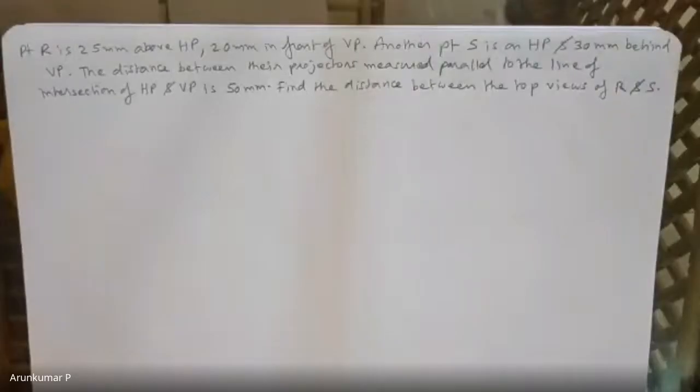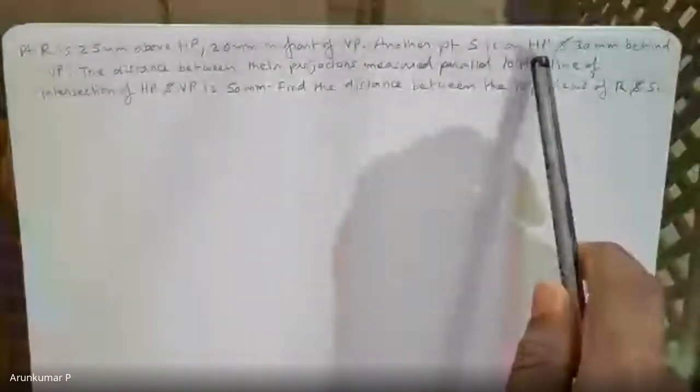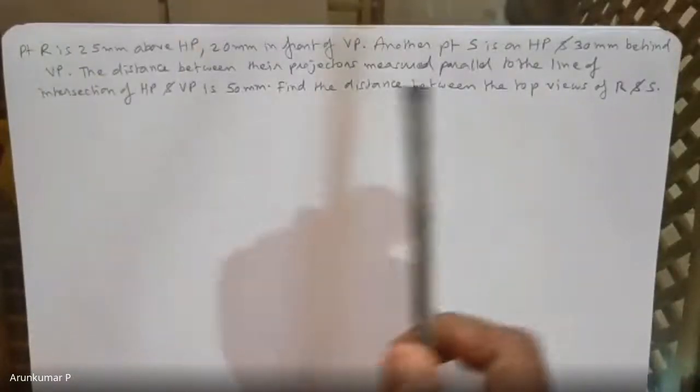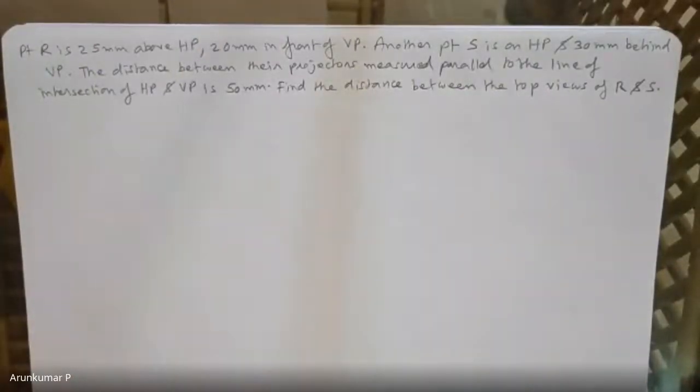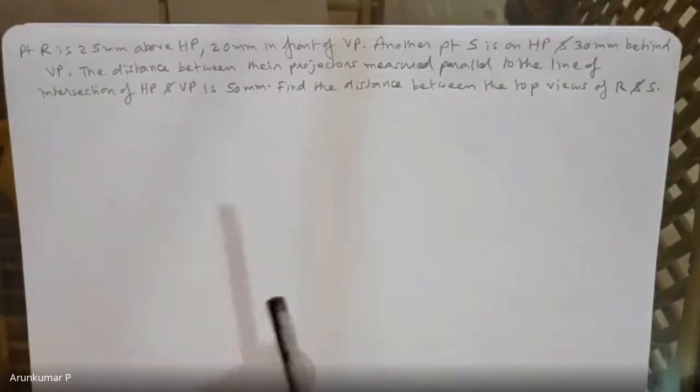Next, another point S is on HP and 30 mm behind VP. So this point S is in which quadrant? Or you can say common to which quadrant? Second and third. Exactly. It is on HP and behind VP, just like the problem we had taken previously. So it is common to the second and third quadrant. So let us assume that the point is in the second quadrant.